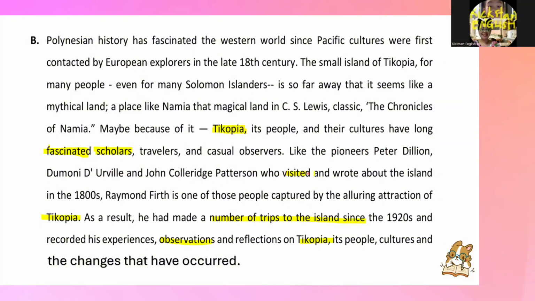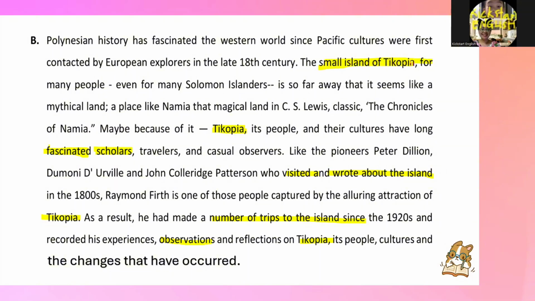Pioneers, they visited Tikopia and wrote about the island. Since most of our keywords are found in the middle and at the end of our paragraph, it is advisable to read the first sentences of the paragraph to better help us find some synonymous words, because most of the obvious keywords are found in the middle and at the end. So, the small island of Tikopia for many people.